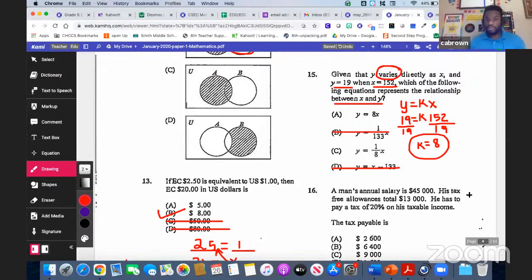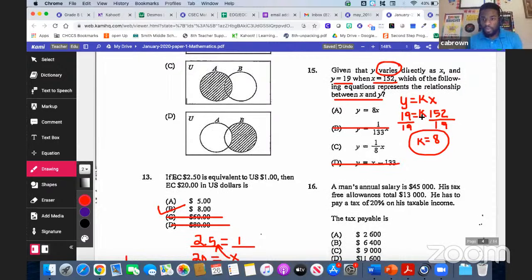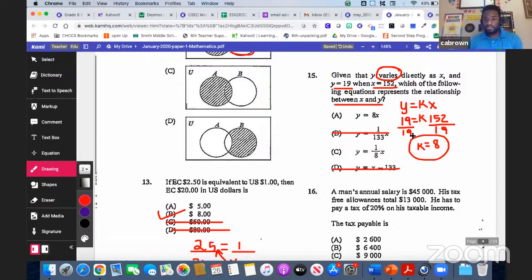So our answer is between A and D. Now, as I mentioned, as x goes up, y goes up. As x goes down, y goes down. So now we know y equals k times x. The answer here is A. k is 8, y equals 8 times x. And that was our variation formula.